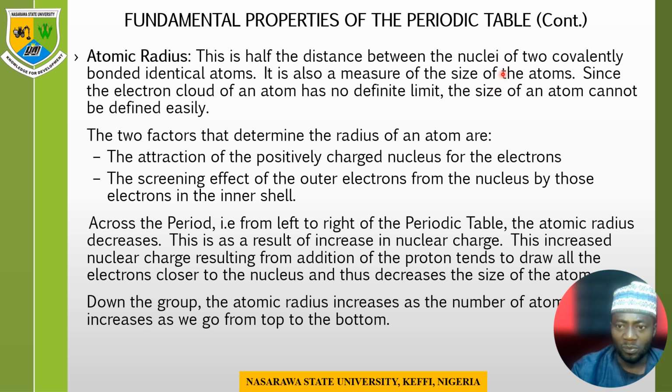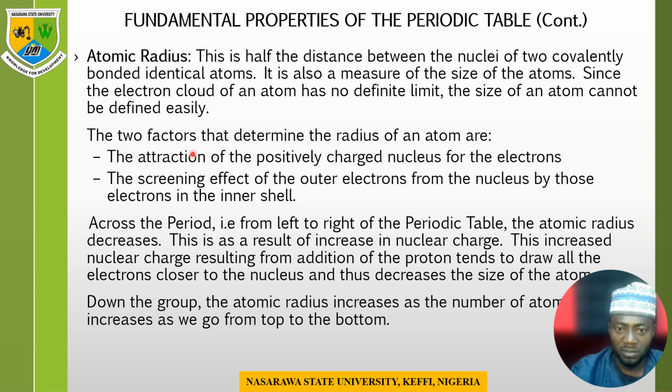And what happens to the size of the atom as you move from left hand side of the table to the right hand side, that is across the period, and as you move from top to the bottom, that is down the group? We shall discuss that, and that tells us the periodicity of the property atomic radius.